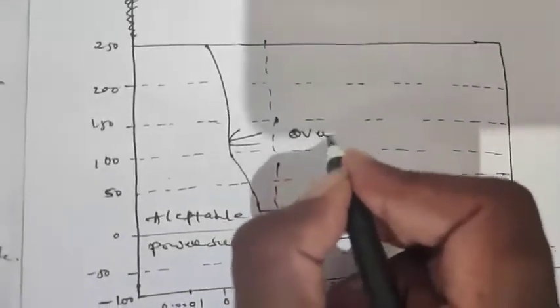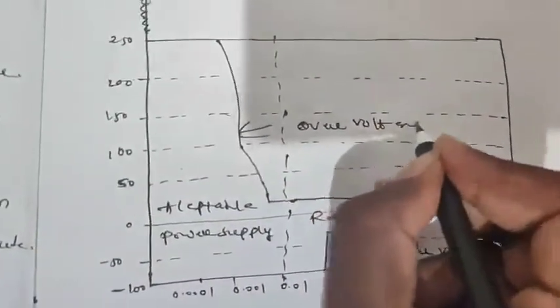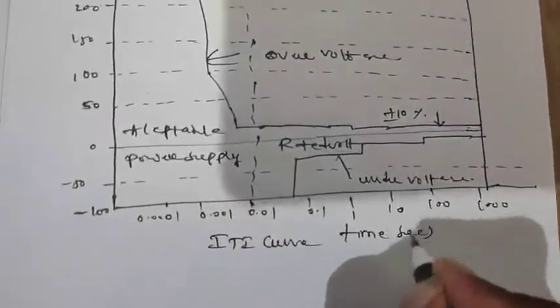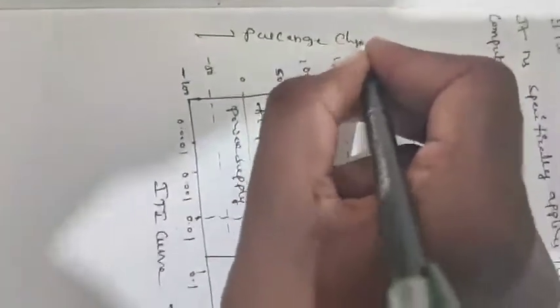Above this value is over voltage. This is the ITI curve. Here is time in seconds and percentage change in voltage.